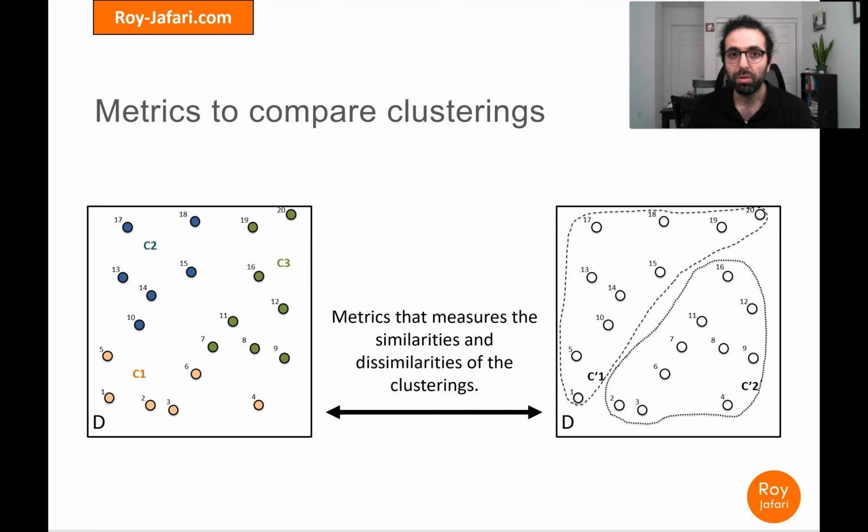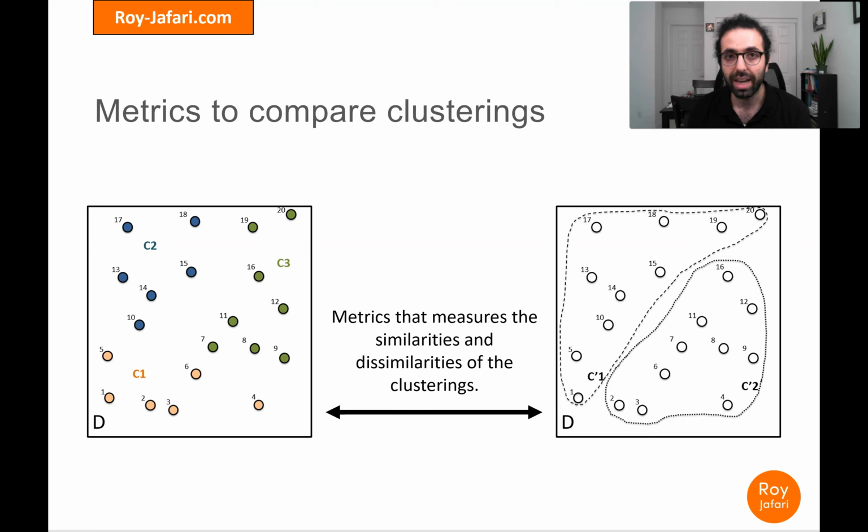When we perform clustering analysis, one of the things we need to be able to do is see if our clusterings are consistent. Remember when we were doing k-means? K-means is a random algorithm.